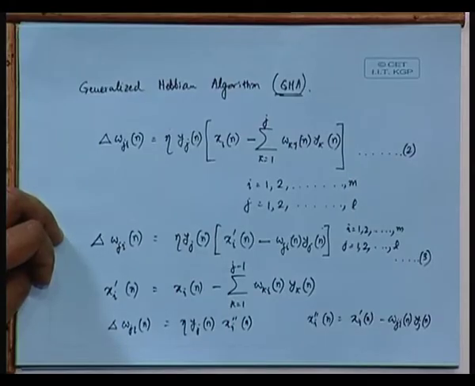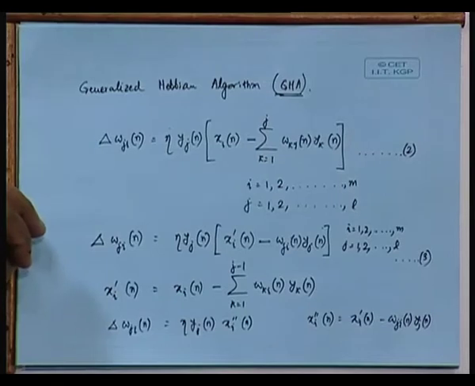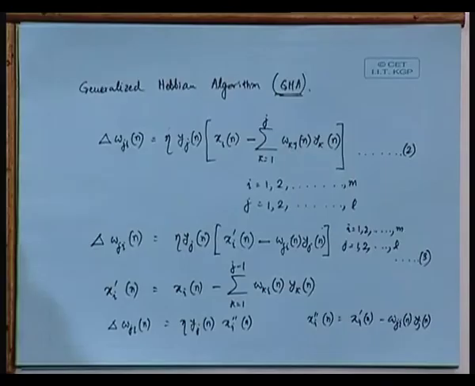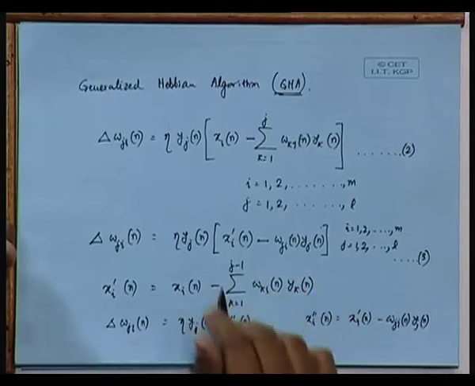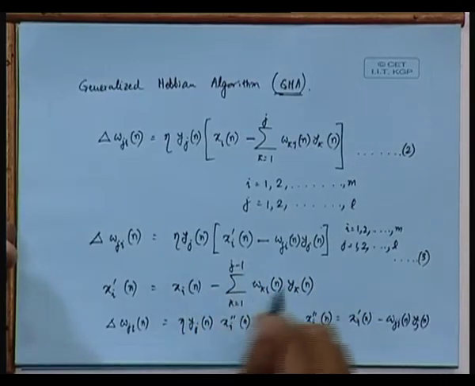Now, this computation can be depicted in the form of a signal flow like this. If we want to get the first term in this expression, we of course have to start with xi(n), considering the ith input, and from xi(n) we have to subtract all these j minus 1 terms.